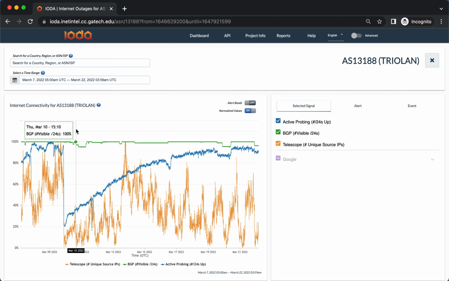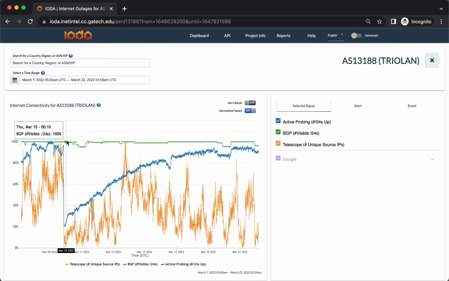Because we had sources outside of IOTA that were saying this provider, this autonomous system is affected, and we had a very strong indication with our active probing signal and a bit with telescope, we can be pretty confident that this is indicating the disruption due to the cyber attack.